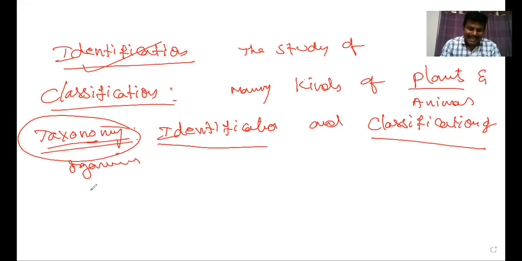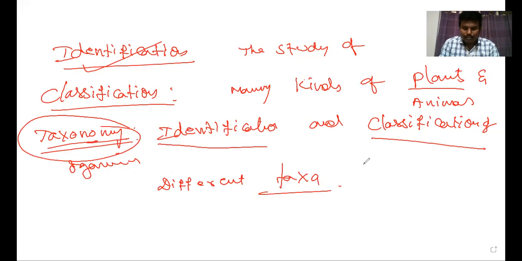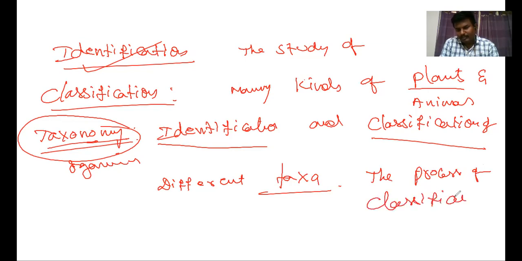Based on the characteristics, all organisms can be grouped into different taxa. Taxa means category. The process of classification is called taxonomy. So that is the step of taxonomy.